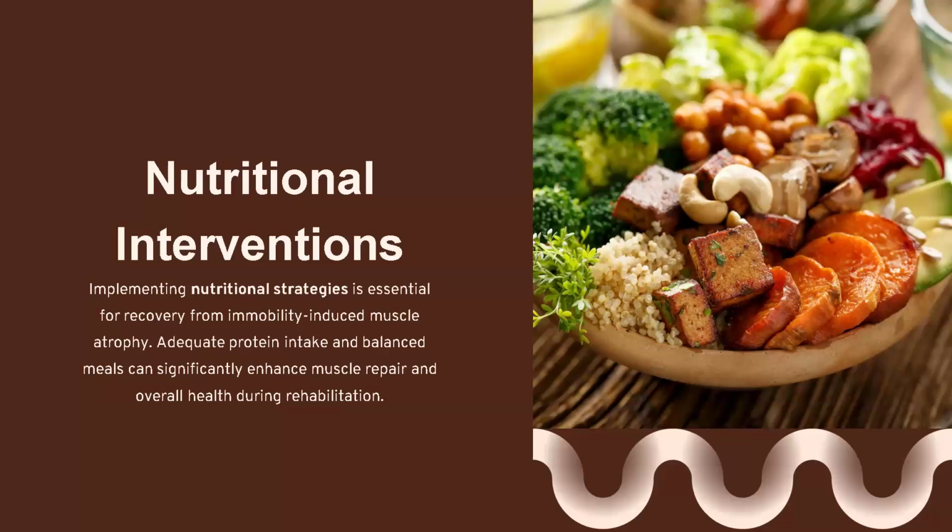Implementing nutritional strategies is essential for recovery from immobility-induced muscle atrophy, and it does require adequate protein intake and generalized balanced meals to help enhance muscle repair and overall health during the rehabilitation phase.